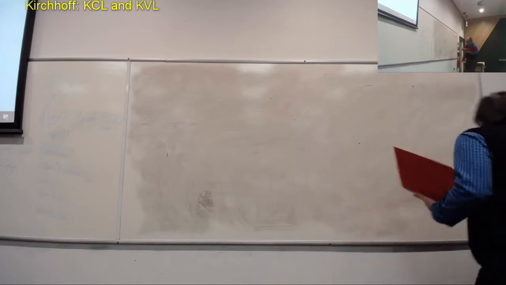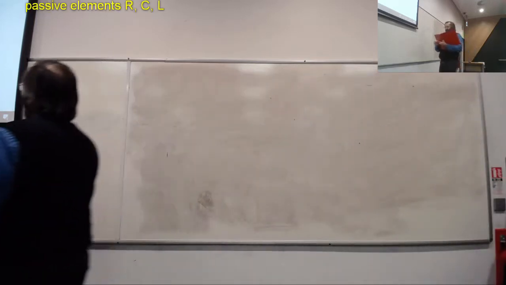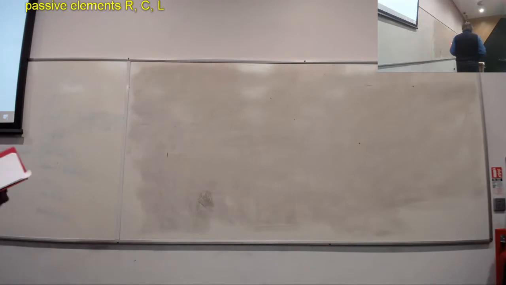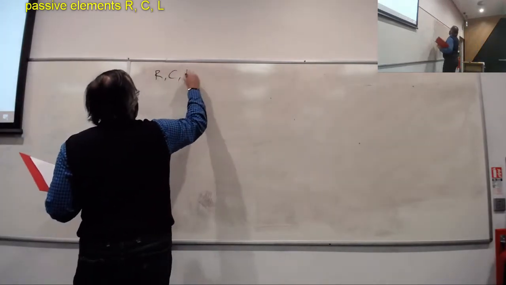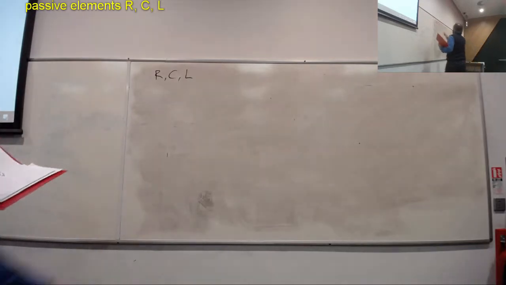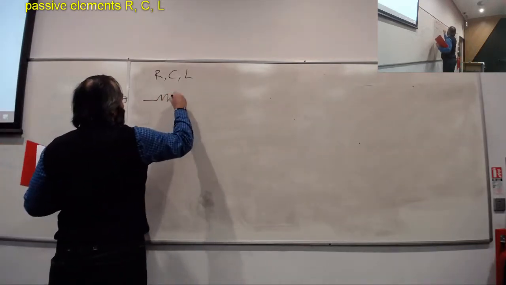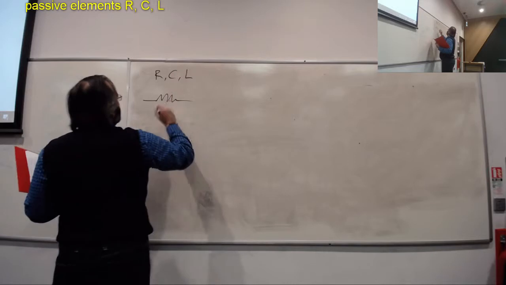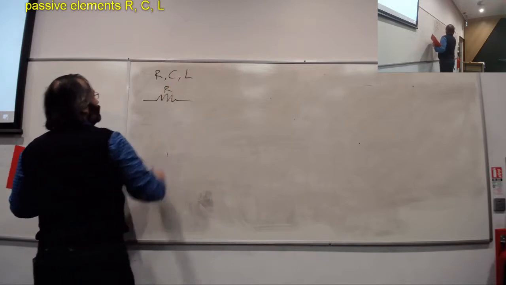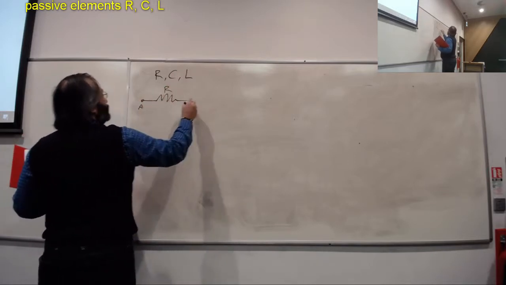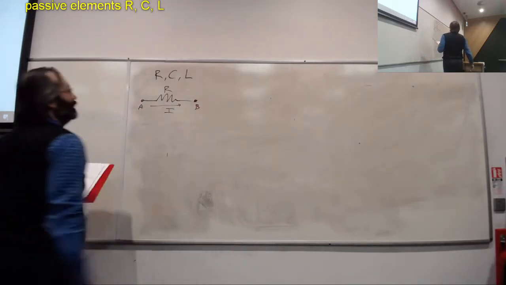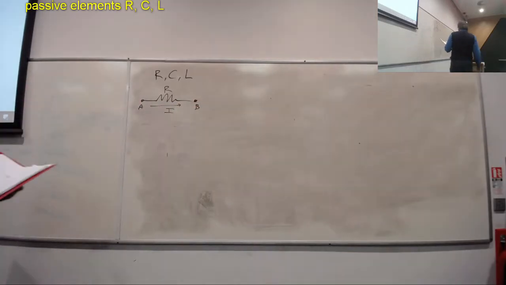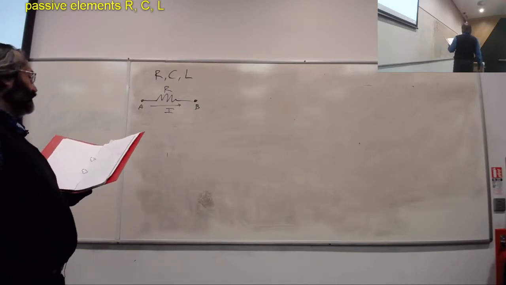So, very briefly, fundamental passive components, which are obviously the resistor, the capacitor, and the inductor. Let's start with the resistor. The symbol, as you know, is this zigzag thing. Let's call this point A, this is point B. Let's take this direction for the current flowing through it.